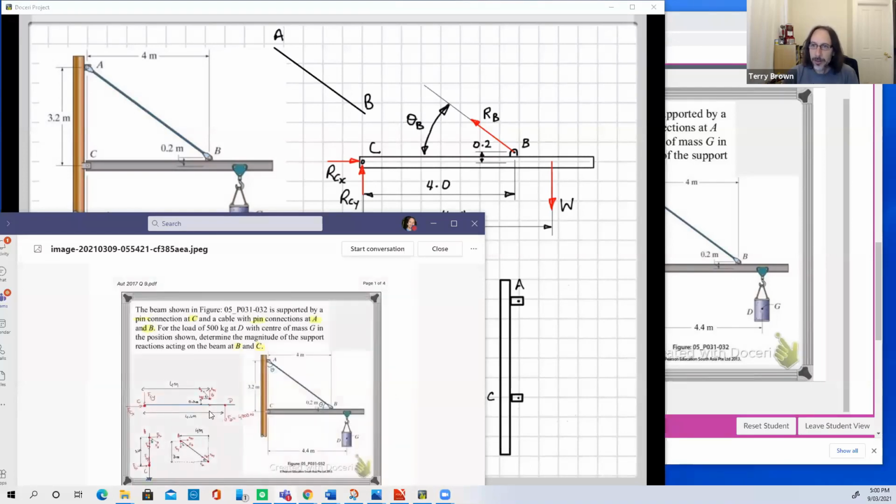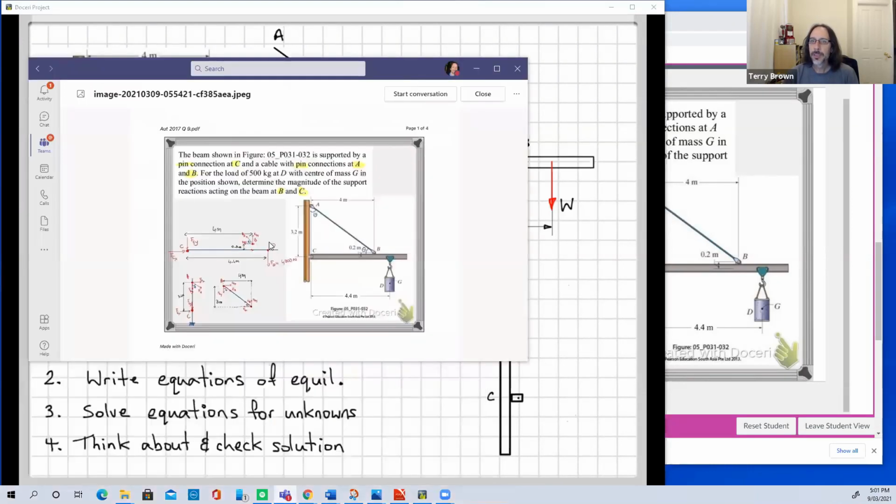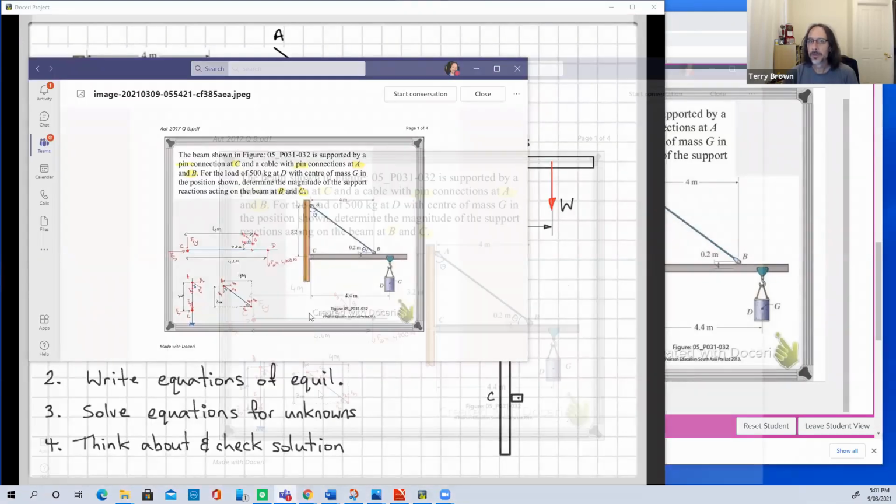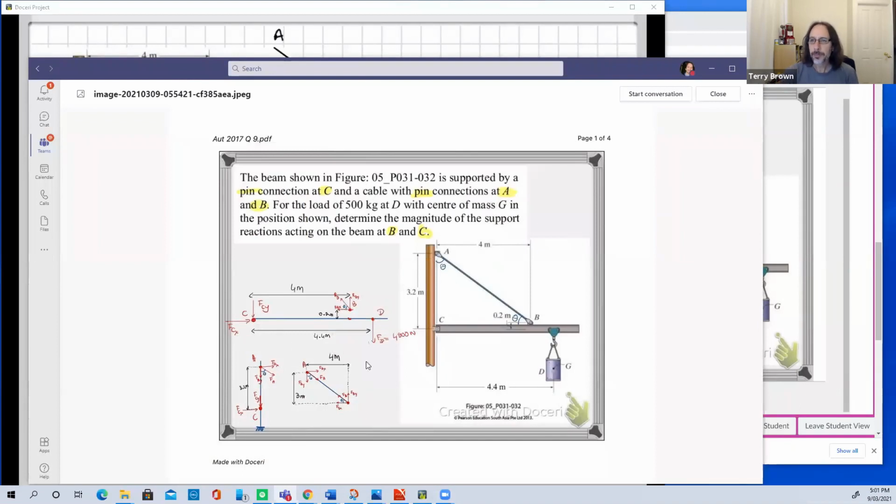All right, so zoom in on that. The thing with our free body diagrams of each of the individual components is that where we had connections between one component and another, we should be showing equal and opposite forces.